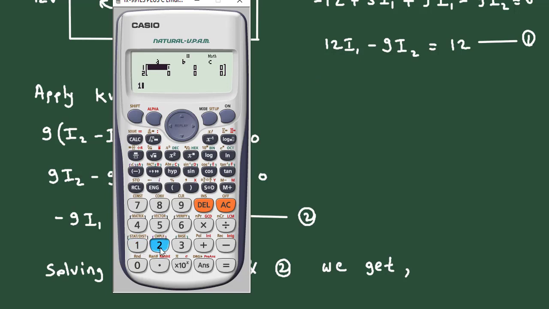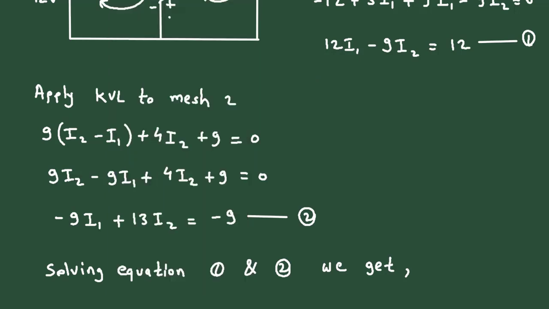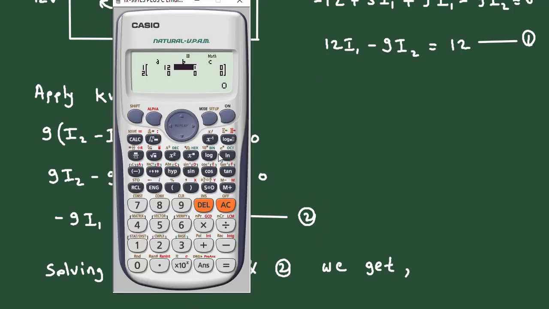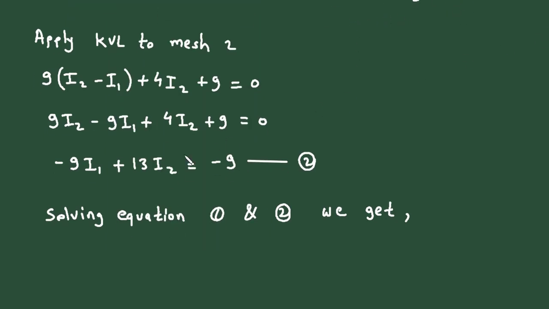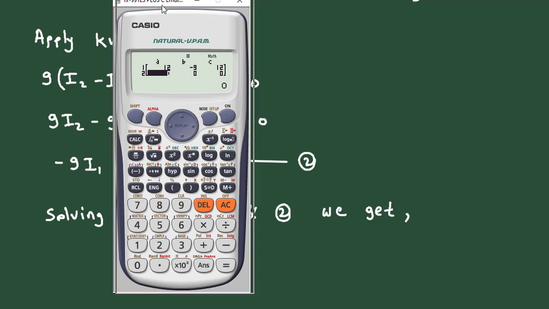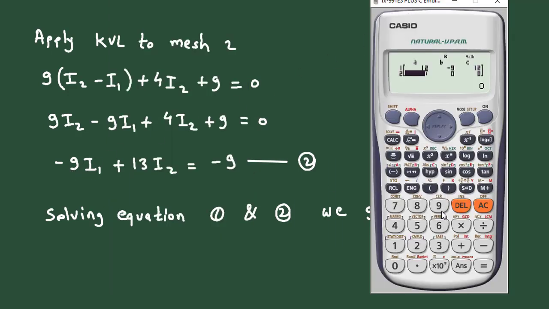So 12, then minus 9, then 12, and from equation 2 this will be minus 9, 13, then minus 9.